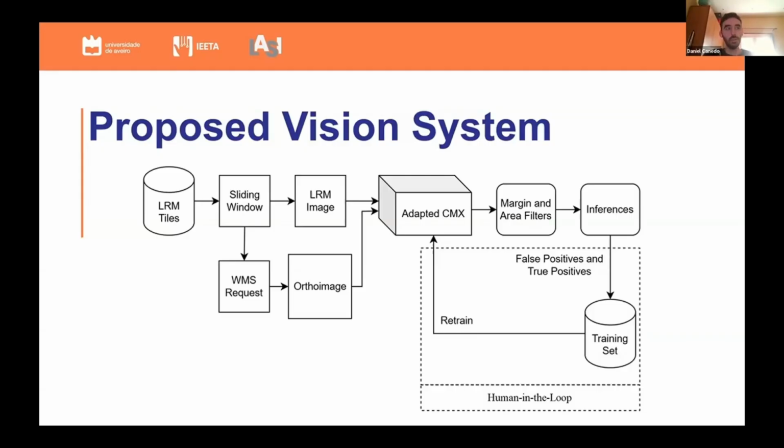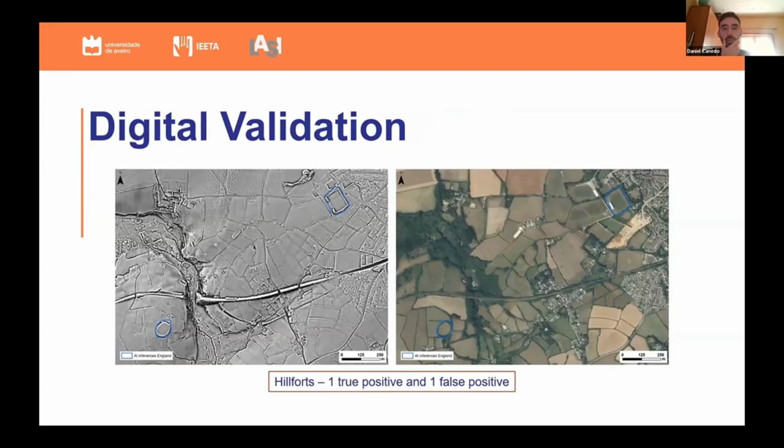So what we are essentially doing here is guiding the model in this difficult task of distinguishing between what is an actual archaeological site or another random element in the landscape that happens to have a similar shape. So this is the digital validation that our archaeologists do. I put here an example.